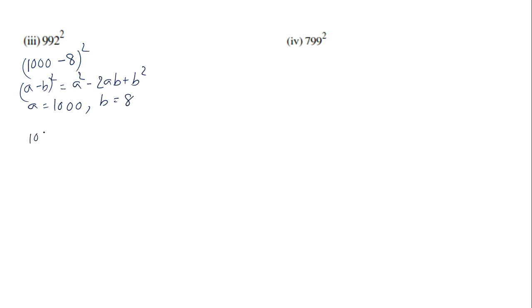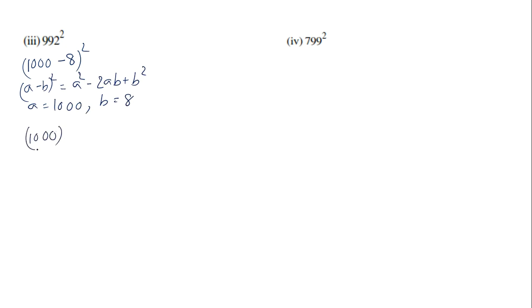Now let's move on to the next question. It is 992 whole square. This can be written as 1000 minus 8 whole square. So this is in the form of a minus b whole square, which is equal to a square minus 2ab plus b square. A is equal to 1000 and b is equal to 8.